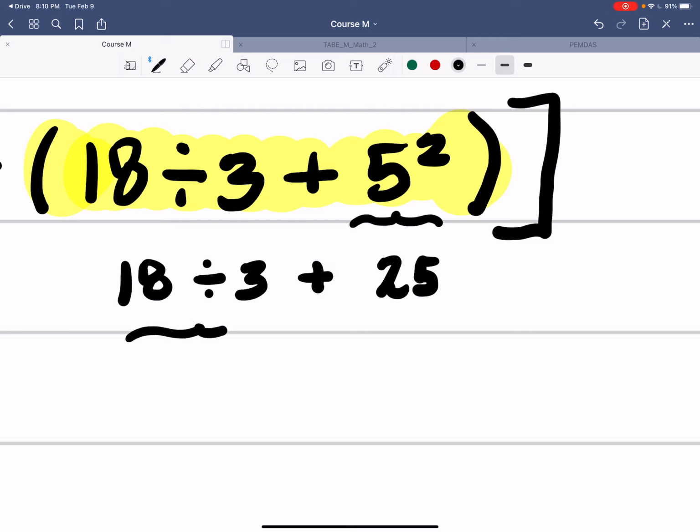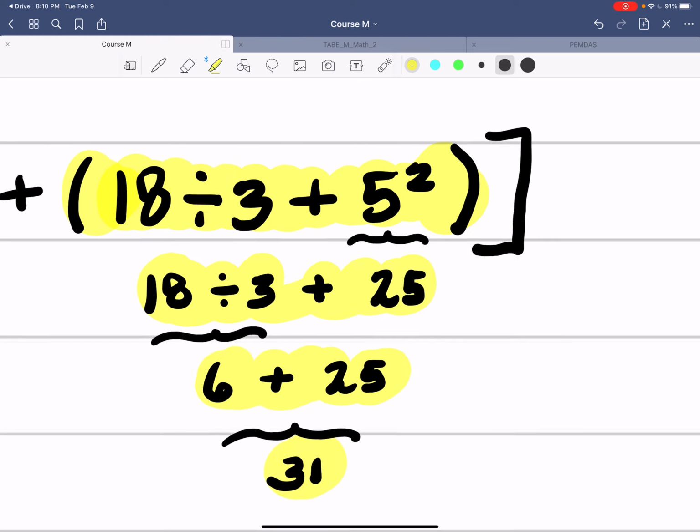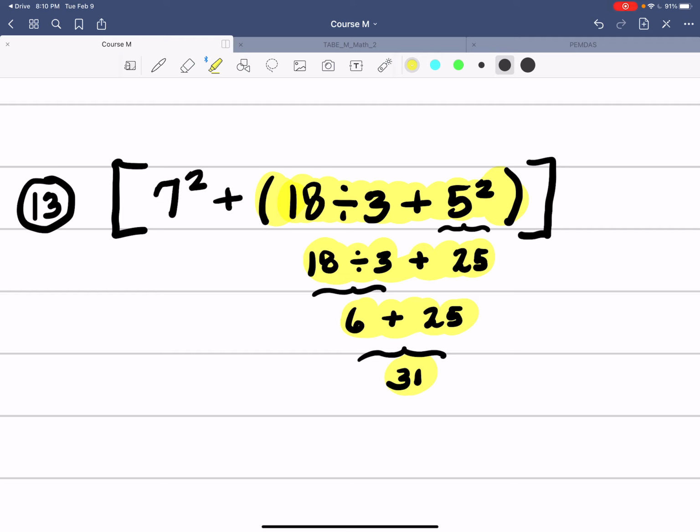And 18 divided by 3, that's 6 plus 25. That is 31. So all of that parentheses mess gets simpler and simpler until it is just a 31. And then I copy. 7 squared plus 31, and there are my brackets.